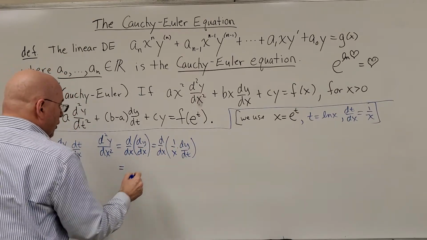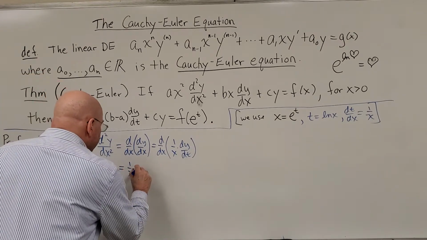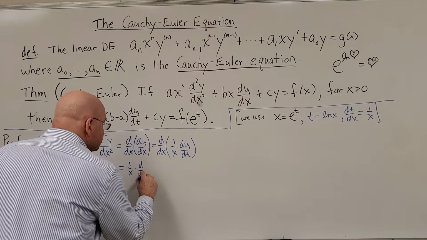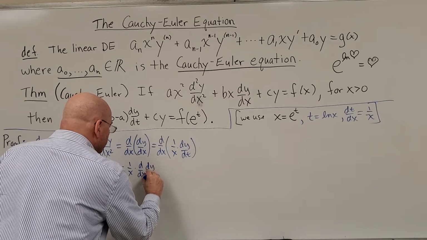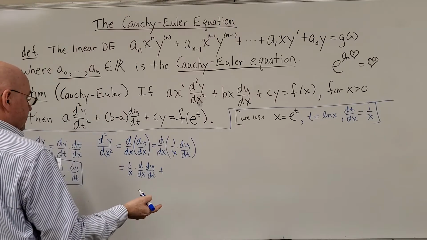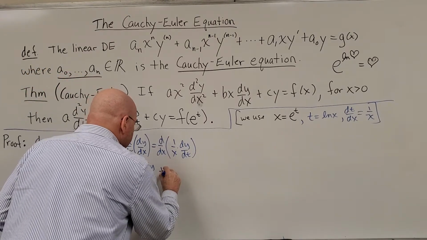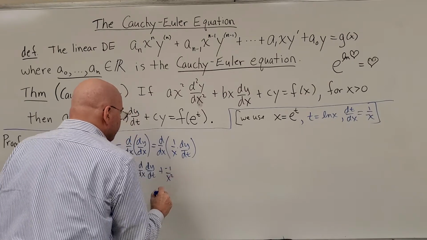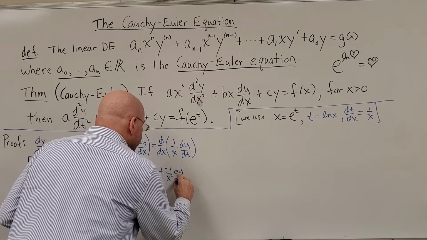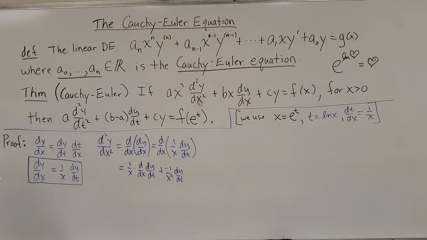So I'm going to get 1 over x, the first, times the derivative with respect to x of the second, plus the second times the derivative of the first. Well, the derivative of the first is negative 1 over x squared dy/dt. So all we did is product rule.